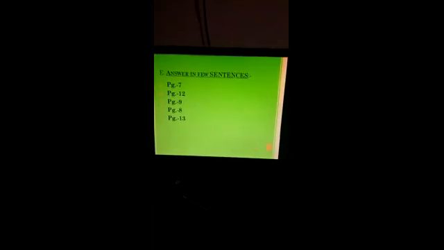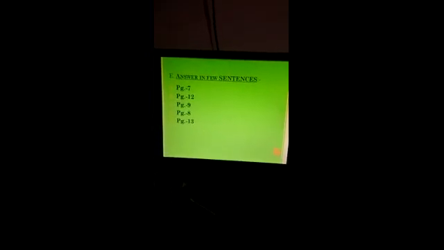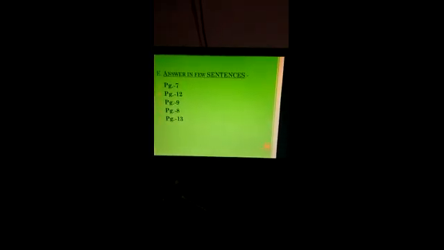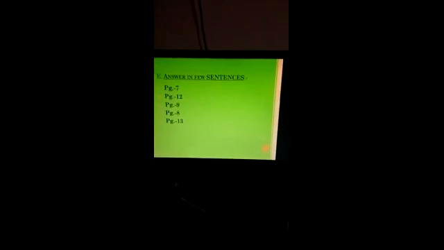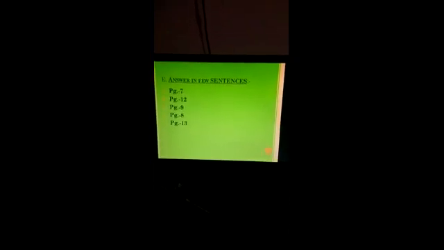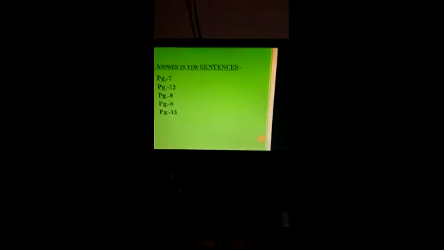Rhizobium bacteria are present in the root nodules of leguminous plants such as moong, gram and peas. Rhizobium bacteria convert atmospheric nitrogen into usable form for the plant, which in turn provides nutrients and shelter to the bacteria.